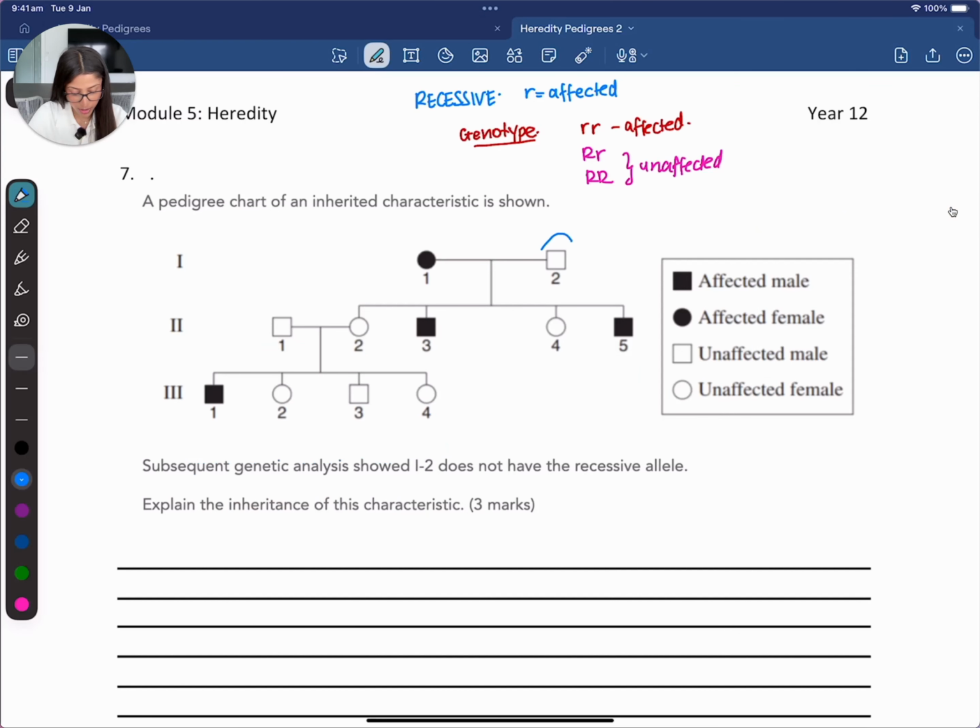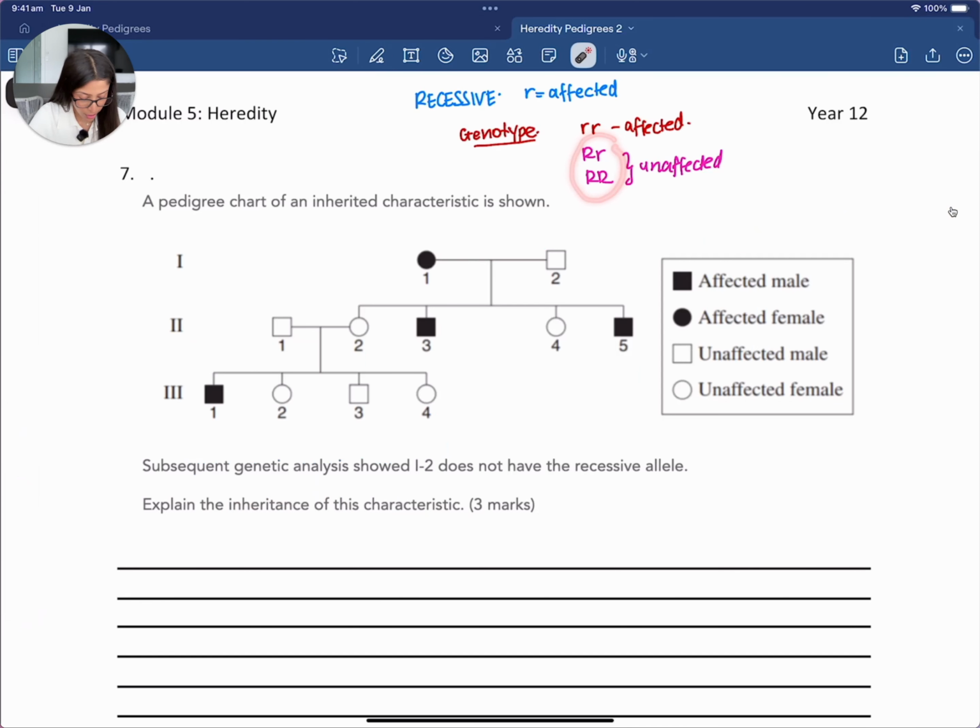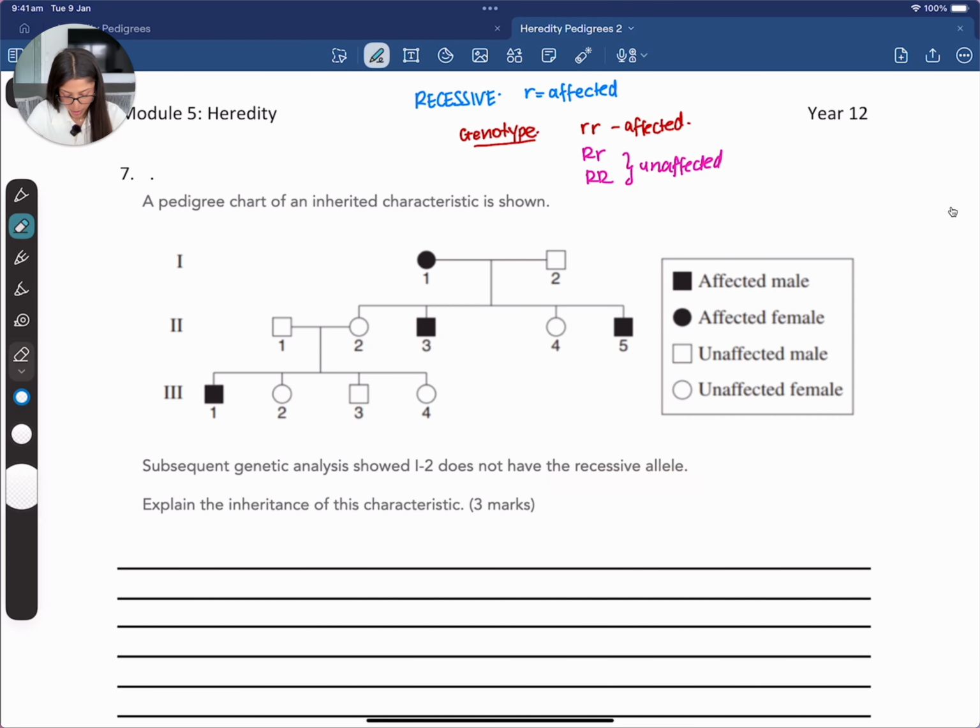If we start off with this individual here who is unaffected, he only has 2 possible genotypes. But the question's already told us that this person does not have the recessive allele at all. So going by that scenario, this individual would be homozygous dominant for the condition. Whereas individual number 1 is affected, so they would be homozygous recessive.